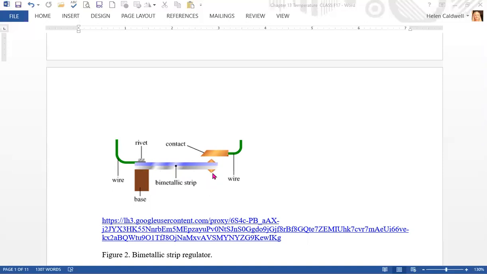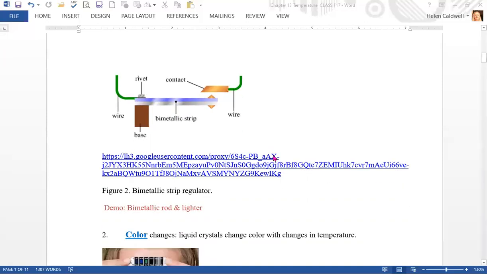And that making and breaking of contact is going to send a signal along this wire and turn on and off something. Maybe it's your air conditioner or your heating system, or maybe it's something else altogether. There is a demonstration using a bimetallic rod and a lighter, and we'll do that probably in lab.